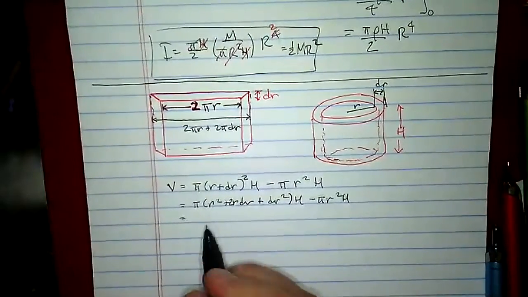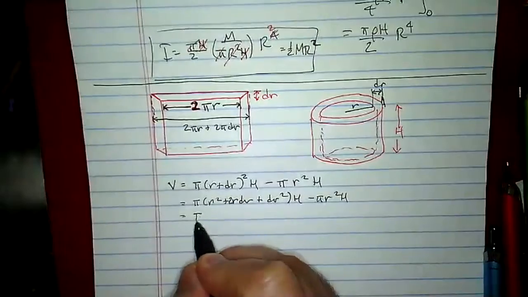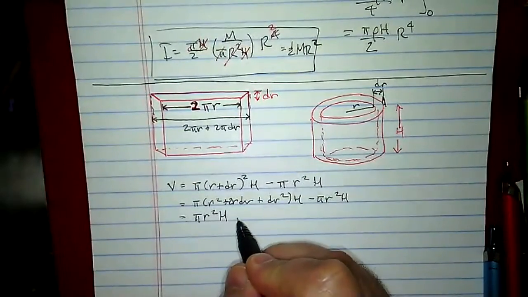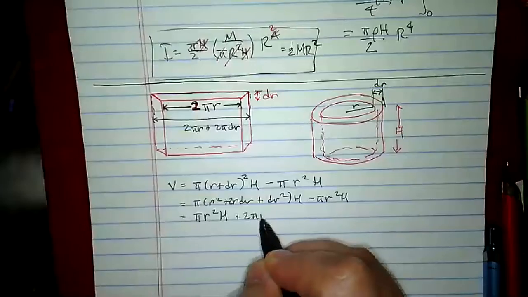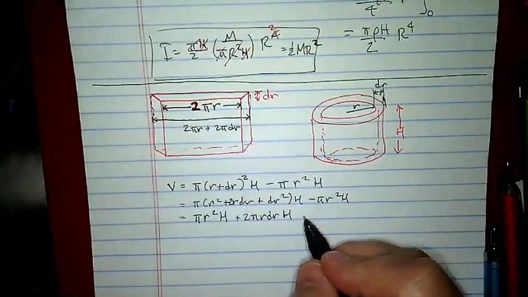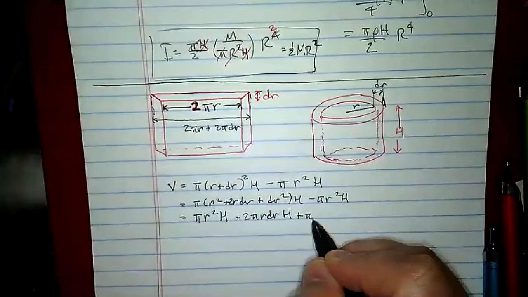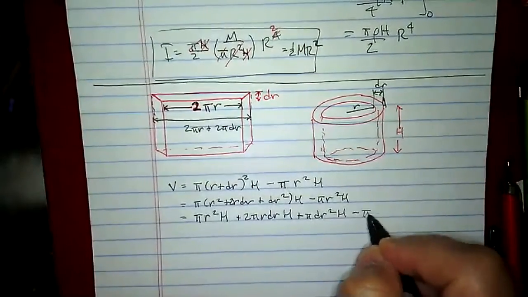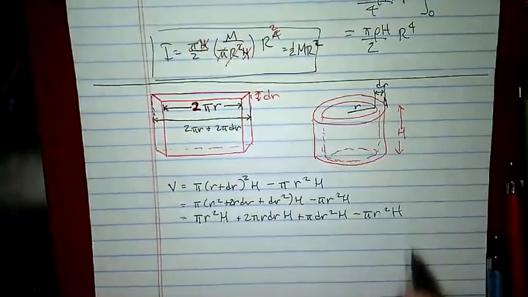Now I distribute that pi and that h, and I get pi r squared h plus 2 pi r dr h plus pi dr squared h minus pi r squared h.